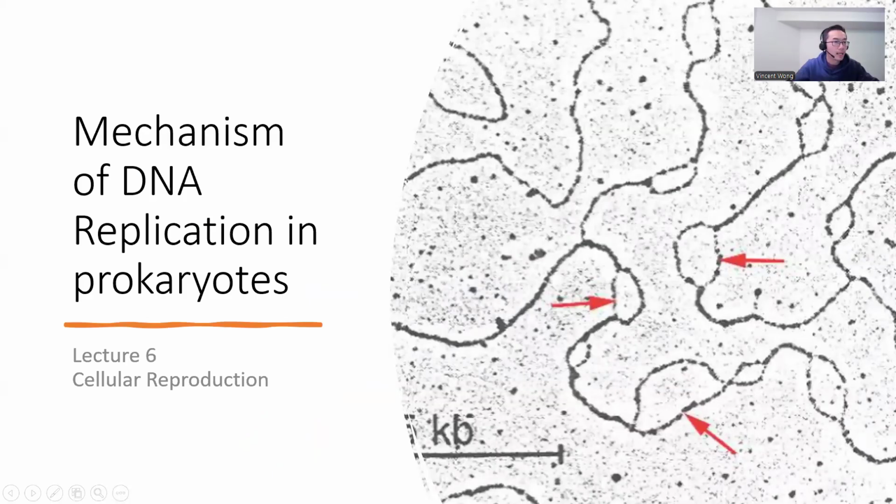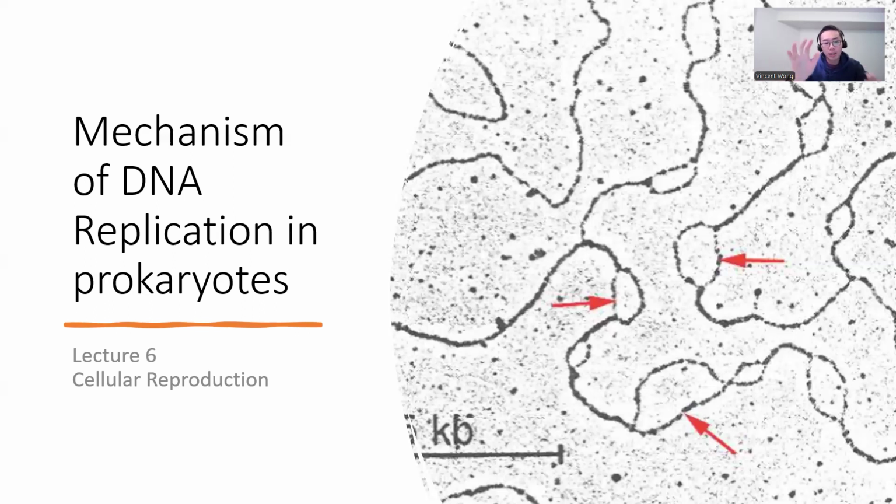All right. Let's move on to the next part, which is mechanisms of DNA replication. First, like much of the things I'm going to show you right now, it actually came from the study of E. coli because they're easy to study and they're easy to grow, and they're simpler than eukaryotes. As you will see, there are a lot of similarities between the process of DNA replication in prokaryotes when compared to eukaryotes.